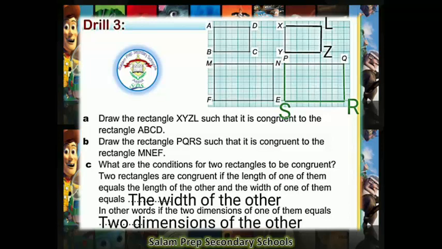We can replace the word length and width with one word, dimension. So we can use these words. Two dimensions of one of them equals two dimensions of the other.